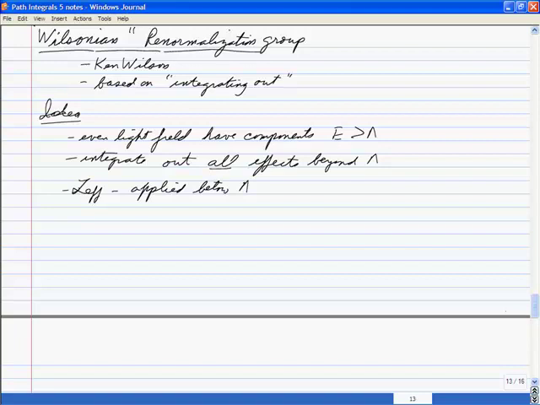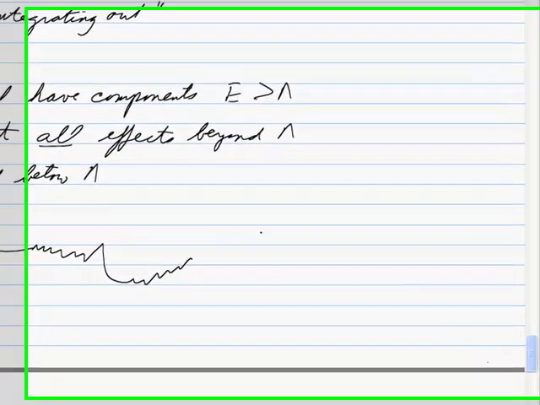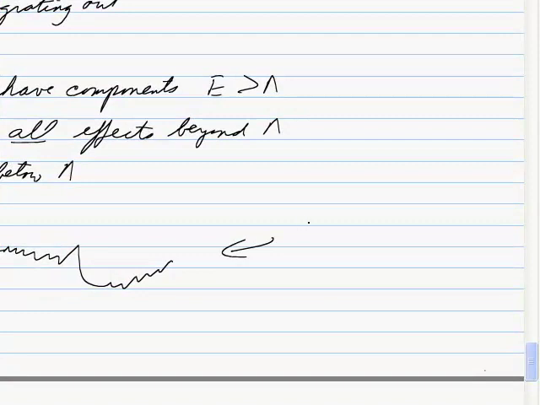So there's a picture that goes along with this that people mentally have. Imagine you've got some field and it's got fluctuations in that field. So here's the real thing. It's fluctuating. There's some structure. There's a sketch of a field with lots of fluctuations on all scales.